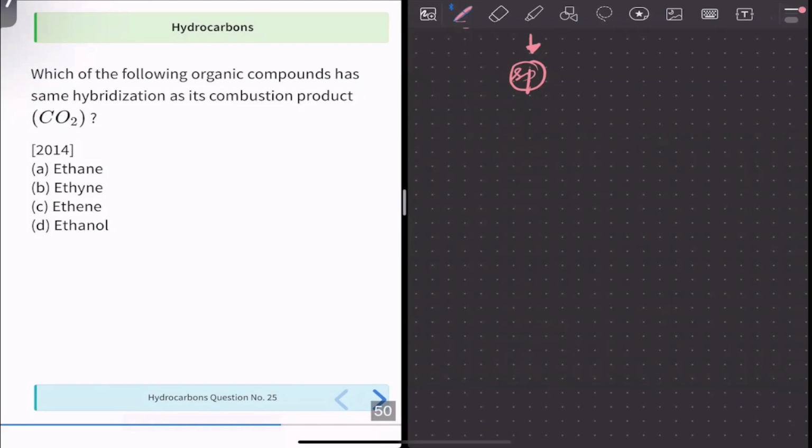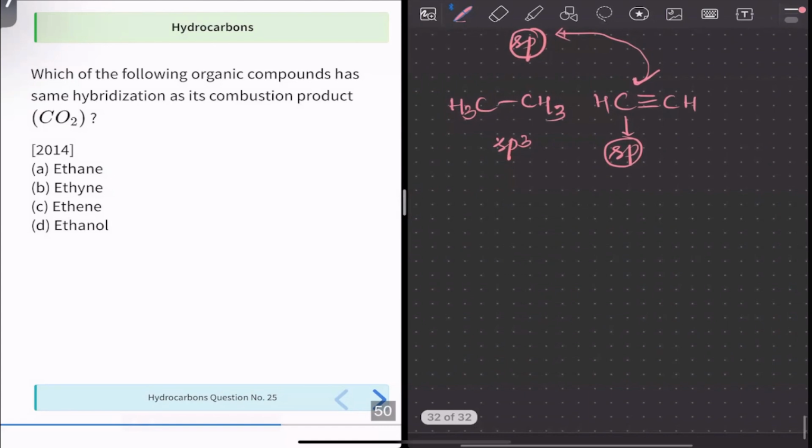Let's draw ethane, CH3CH3. Ethane has sp3 hybridization. Ethyne, acetylene, has sp hybridization, so acetylene has the same hybridization as CO2. So option B is the correct answer.